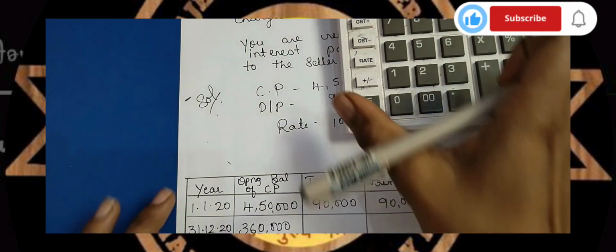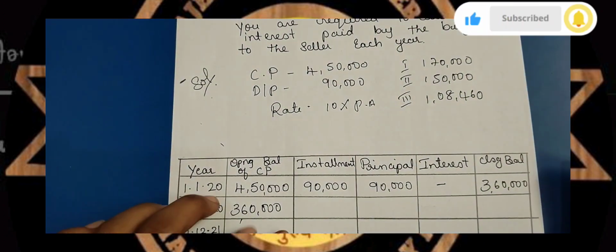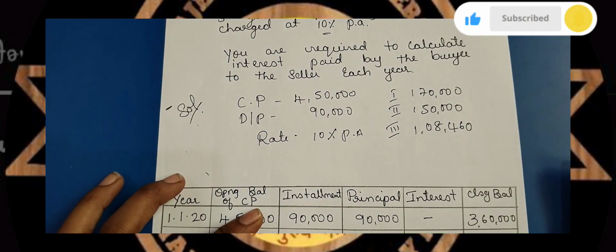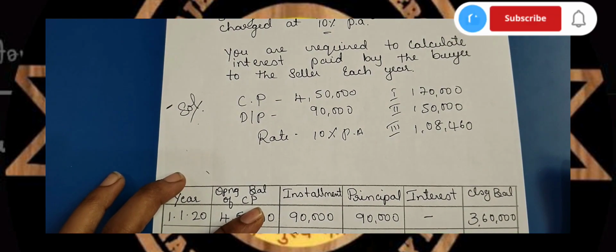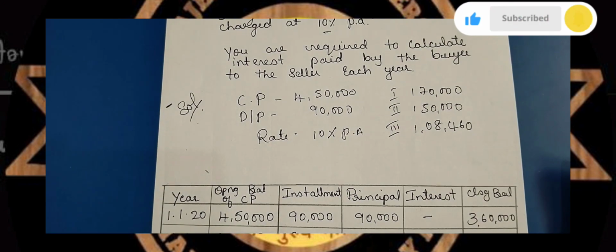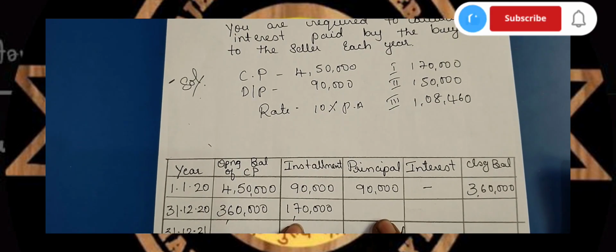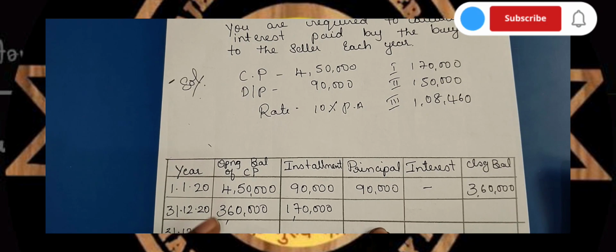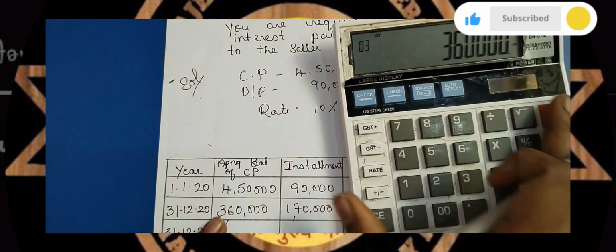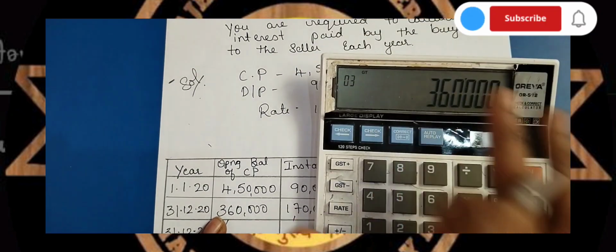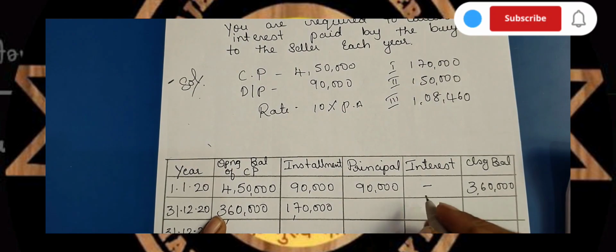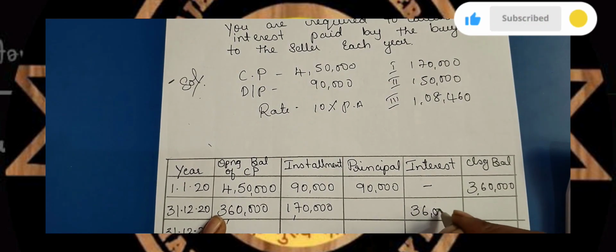Now 3,60,000 is the opening balance and the installment given is 1,70,000. This 1,70,000 includes interest also, so you need to take only the principal amount. Interest we always pay on our balance. The balance was 3,60,000, and 10% interest on this is 36,000.